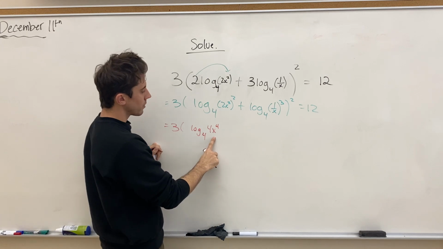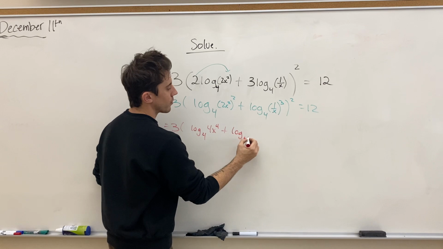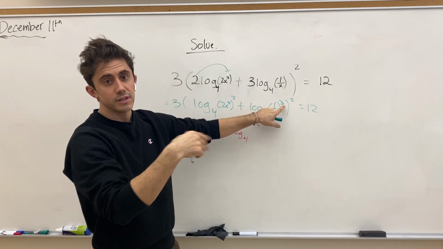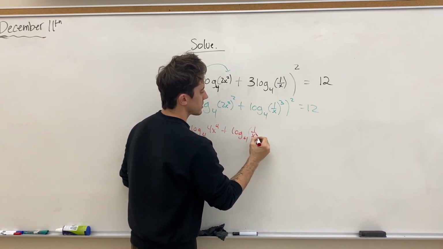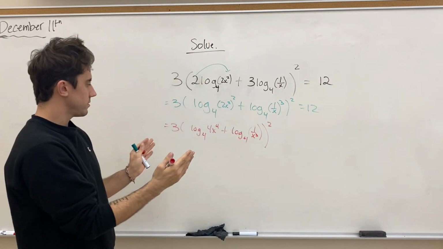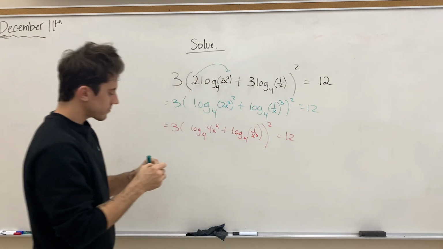So log base 4 of 4x to the 4 plus log base 4 of 1 over x all cubed is 1 cubed over x cubed, or simply 1 over x cubed, right? And we still have all of that inside a bigger bracket squared being equal to 12.